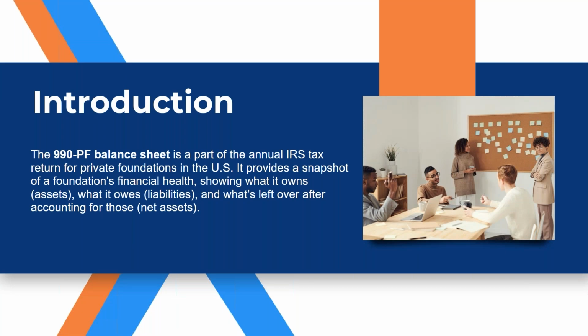The 990-PF balance sheet is a part of the annual IRS tax return for private foundations in the U.S. It provides a snapshot of a foundation's financial health, showing what it owns as its assets, what it owes for liabilities, and what's left over after accounting for those, which are the net assets.